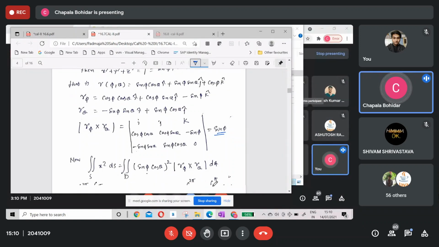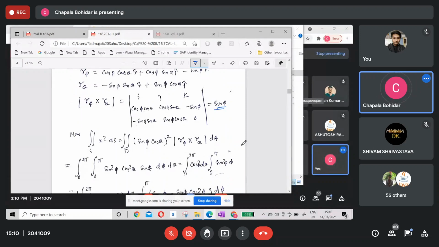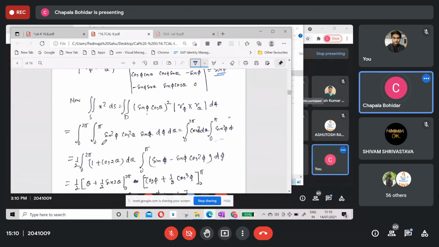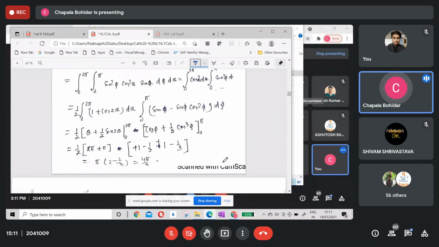So here dA is dr d theta. Then we write down from 0 to pi sine square phi times sine phi d phi, and this way we solve. Here it is 4 pi by.